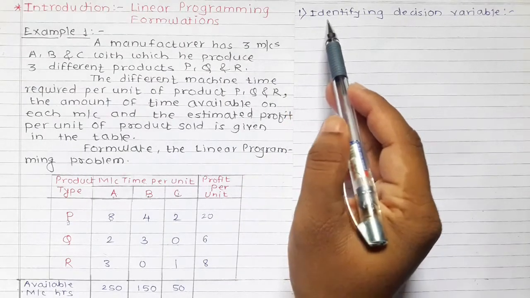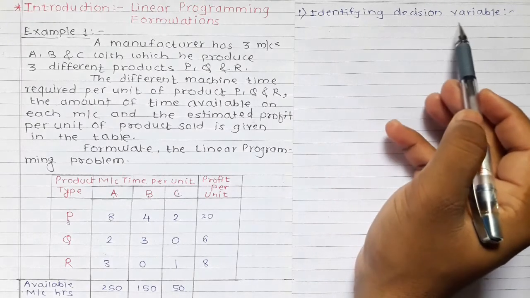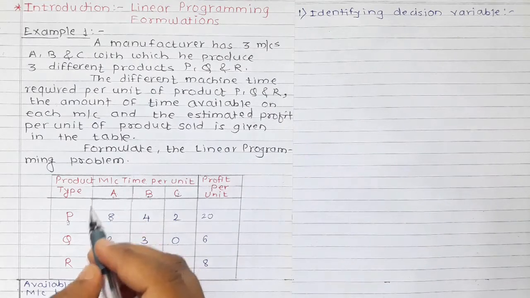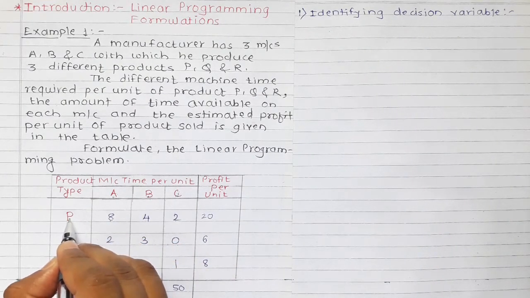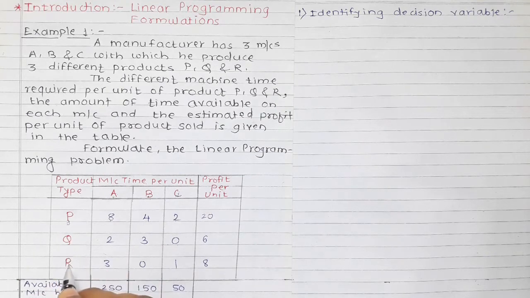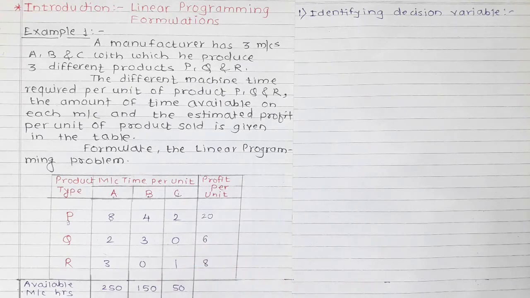Now the first step in LPP formulation, as I explained, is to identify the decision variables. Here the manufacturer has to decide how many units of P to be produced, how many units of Q to be produced, and how many units of R to be produced, so that he can get the maximum profit with this limited machine time.